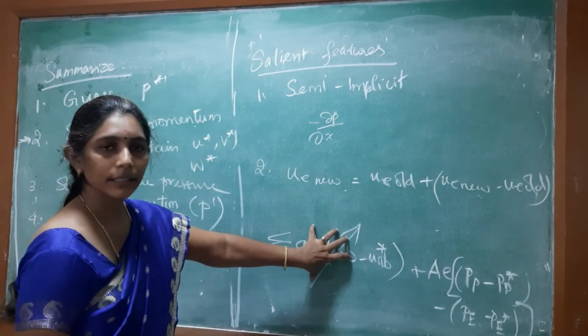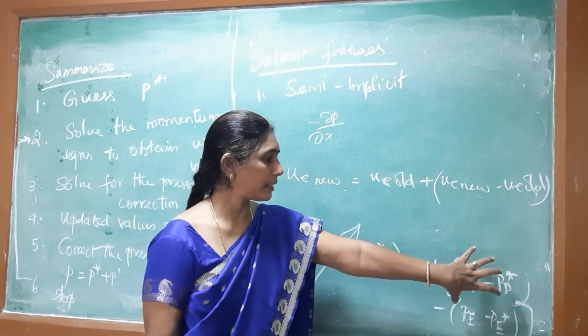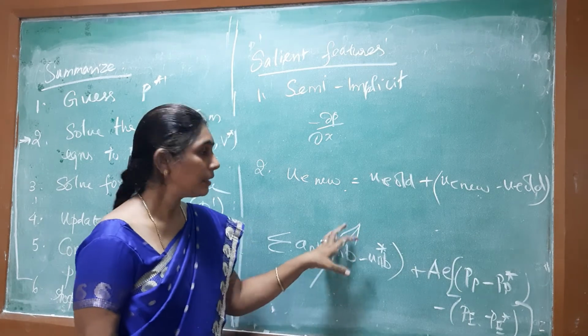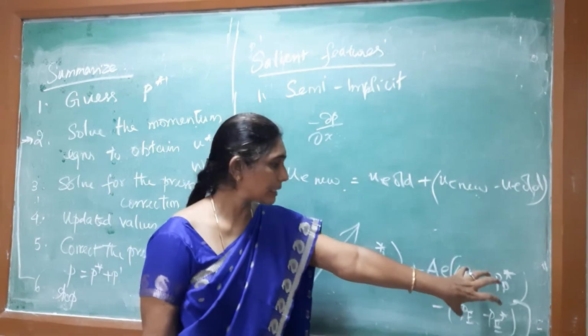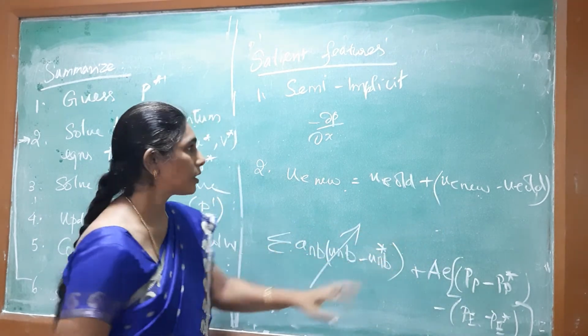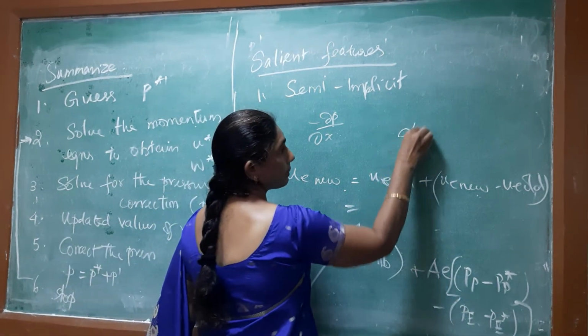So we have removed away this term and only this term was present, and I told you that this has gone exaggerated, so this is going to overact the other term. So there is so much of importance given to this. In order to bring down that, we are introducing a relaxation factor. So that relaxation factor is represented by alpha.